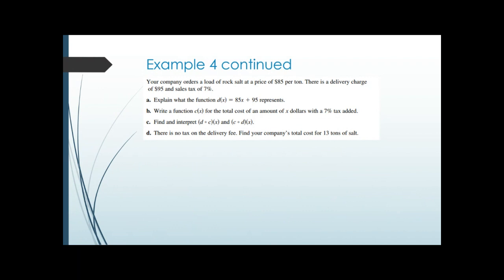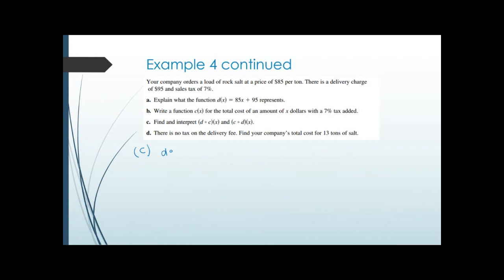So I was smart and made a second slide for C and D because I knew that I would run out of room. So C, find and interpret D compose C of x and C compose D of x. So we're looking at the function composition and what that means.